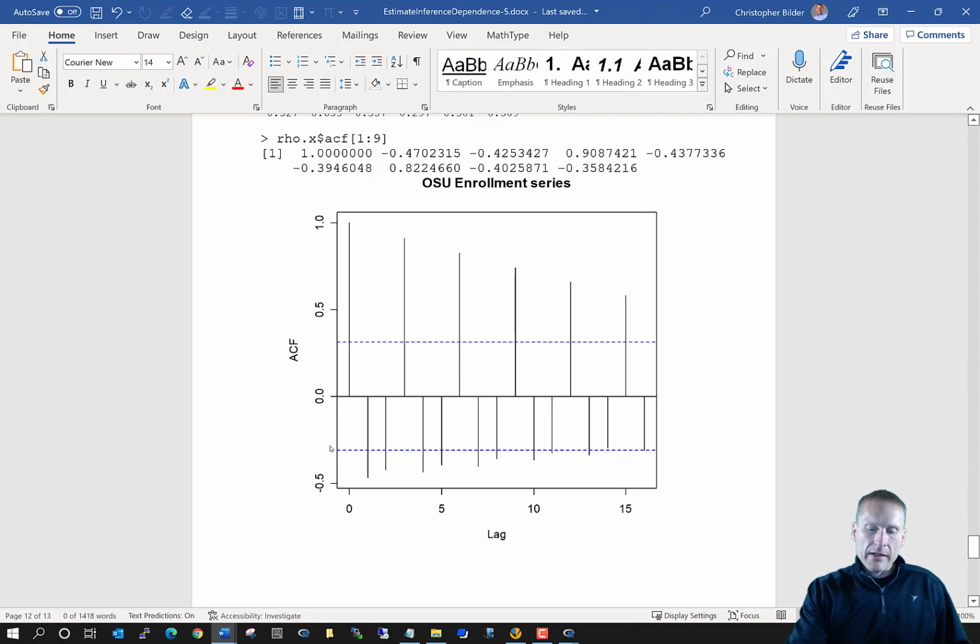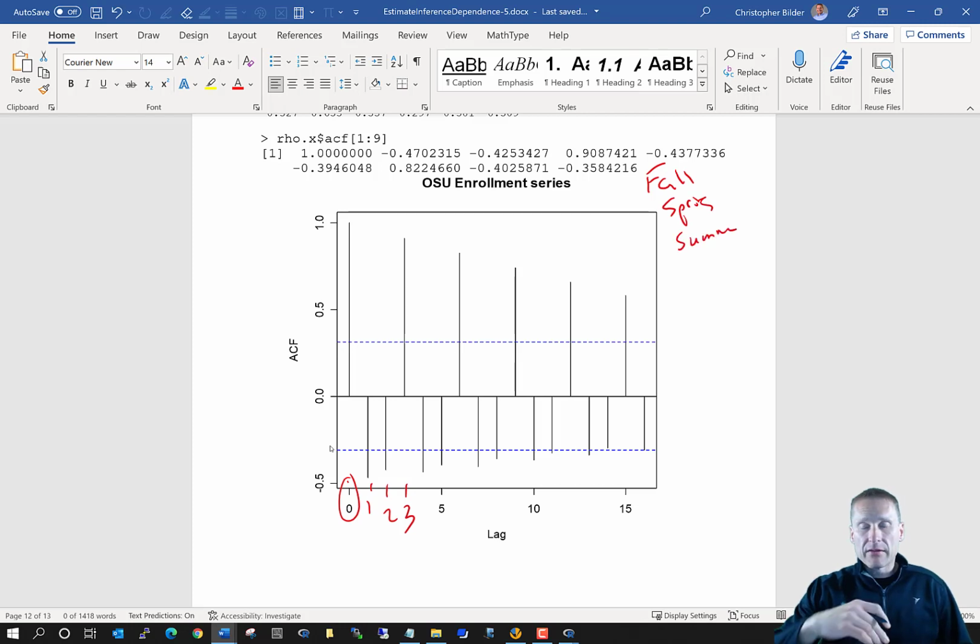Note that this first one here is at lag 0, so let's ignore that. So here's lag 1, lag 2, and lag 3. Now remember, with our data, we have fall, spring, and summer enrollments, and these essentially repeat every year.